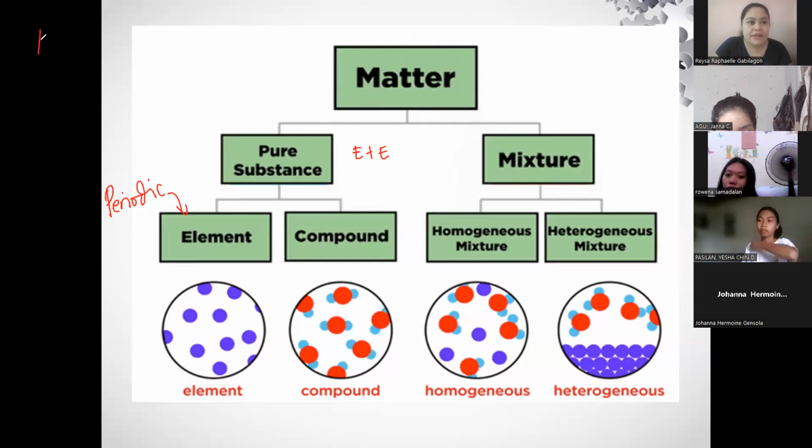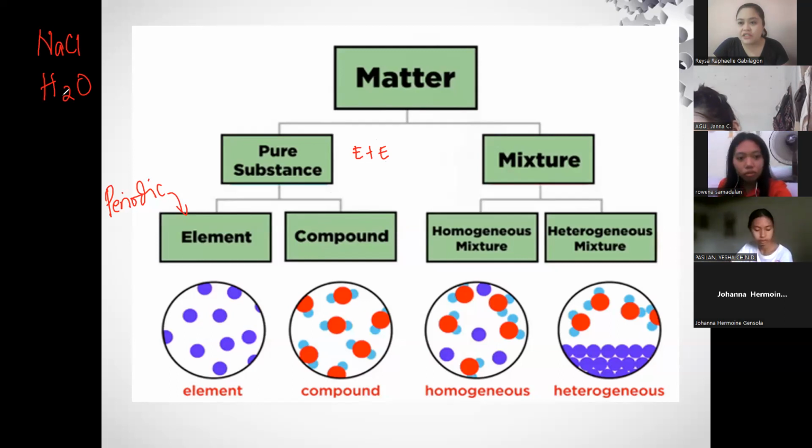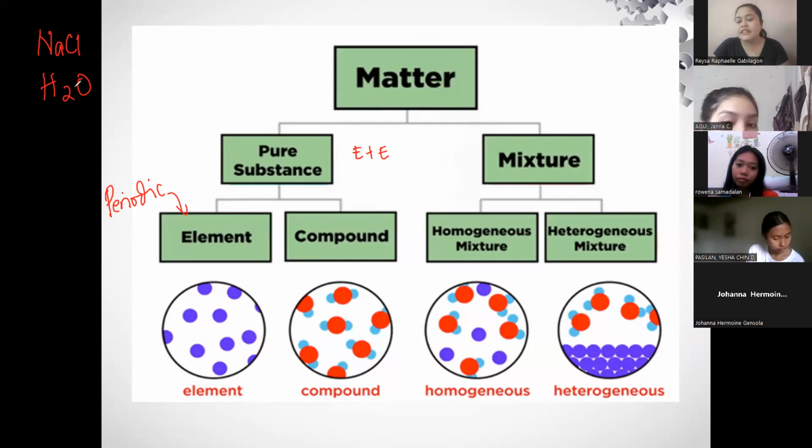So we have the following examples. Sodium chloride, our table salt, is a compound. Sodium and chlorine are chemically combined with each other. And then we have H2O, our water. It is made up of two atoms of hydrogen, let's call them molecules na lang, two of hydrogen and one oxygen. And then we also have H2O2, our hydrogen peroxide.